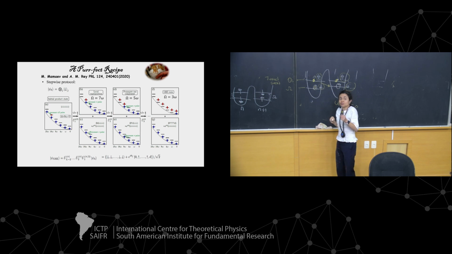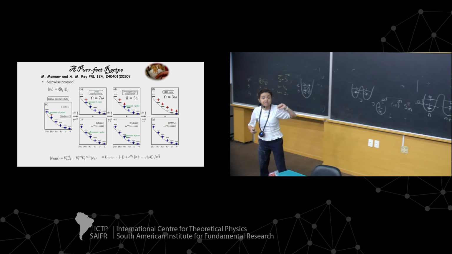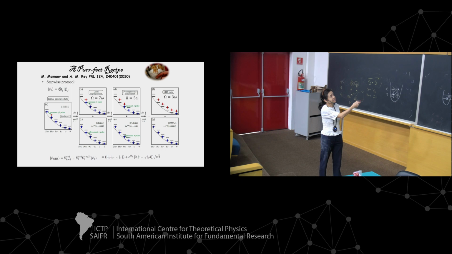So I'm going to change my detuning, and through the laser I'm going to add enough energy for this particle to tunnel. This is the first step. I set the frequency, the detuning of my laser, so that this process, which is typically off resonant, is made resonant by my laser.